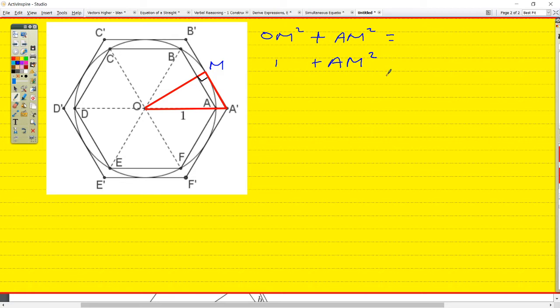Is equal to OA dash squared. Yeah, we still have that unknown though.